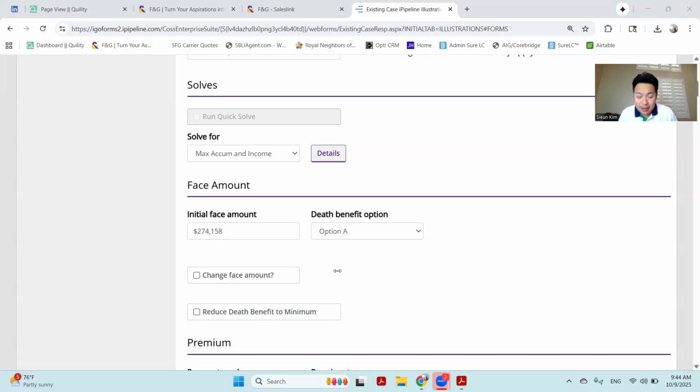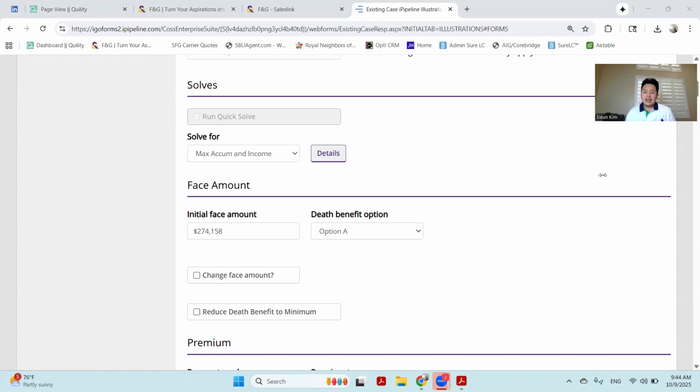So option B can be very beneficial to the client. I'll give you an example, Cami. If you go with option B, illustration-wise, let's just say the death benefit started at 250,000, but the death benefit keeps increasing and it grew to $500,000.